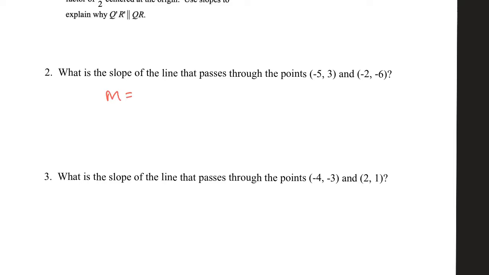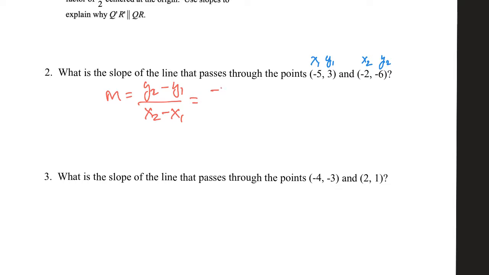Our slope formula is y2 minus y1 all divided by x2 minus x1. If you need to, you can label these: I'm going to call this one my x1, this one my y1, x2, y2, just to see where everything is. Then we can substitute in and solve.